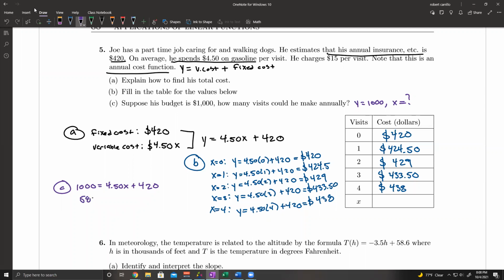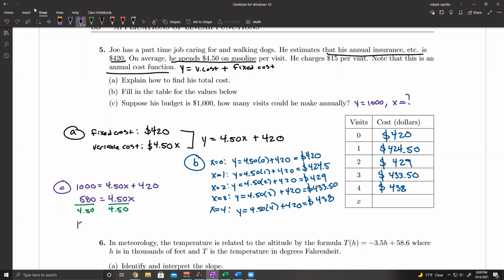Good. 580 equal to 4.50x. And then divide everything by 4.50. What do we get? 128.88.